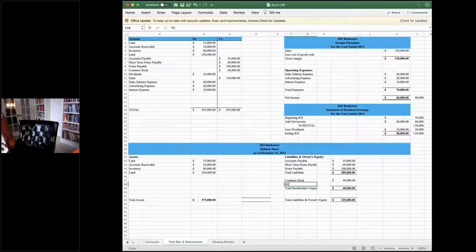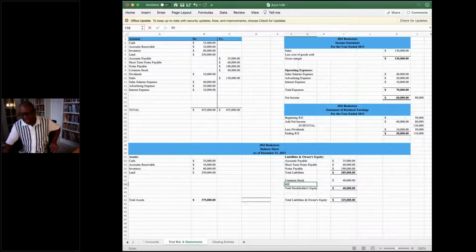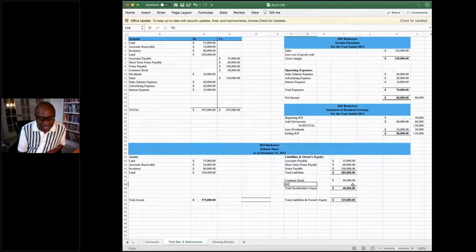Retained earnings. So the retained earnings would be how much? 50,000. So this would be 90,000.